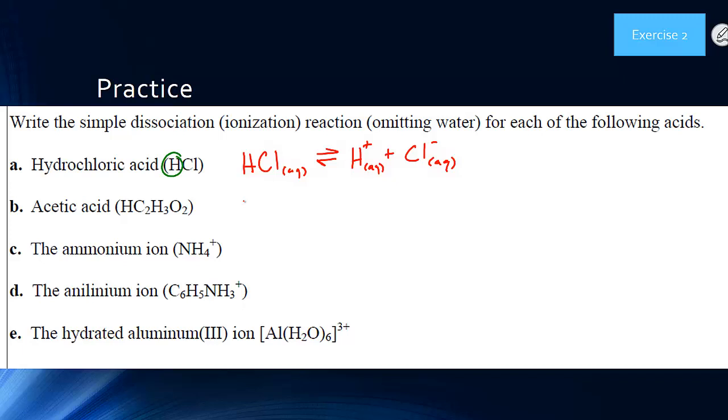So, for the next one, acetic acid. Again, it's the hydrogen in front that we will donate because the acetate ion is not going to separate. So for acetic acid in solution, it will break down and come from a hydrogen ion and the acetate ion.